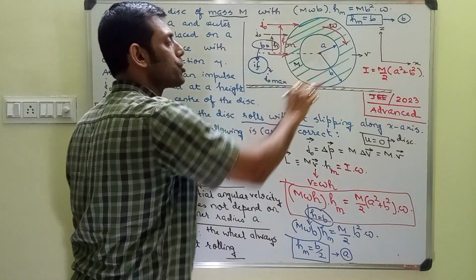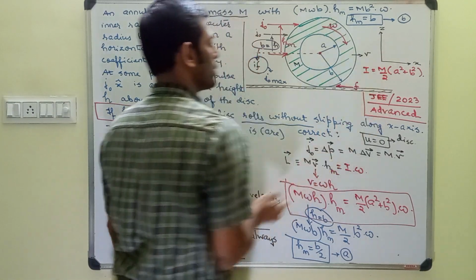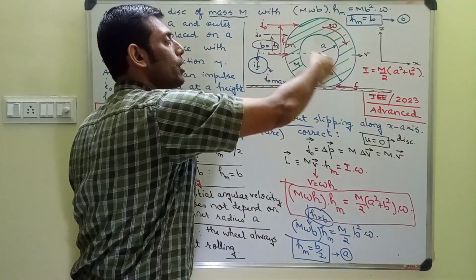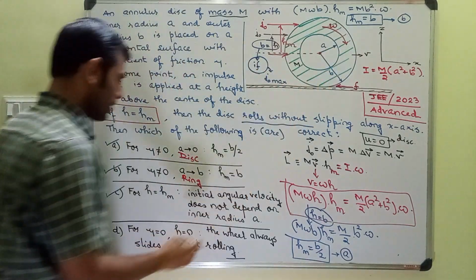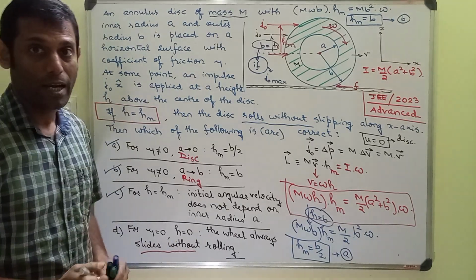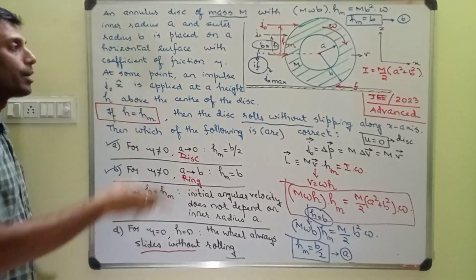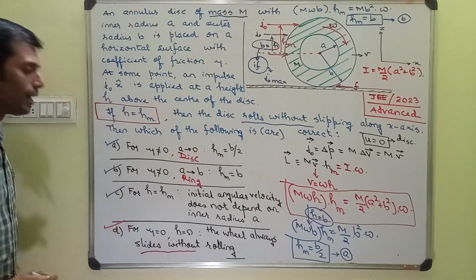It cannot roll, because friction is a basic necessity to create this torque or angular momentum. And this goes straight, slides without rolling, and that creates a static translational motion. So option D is correct.